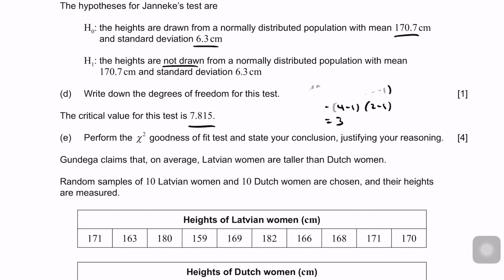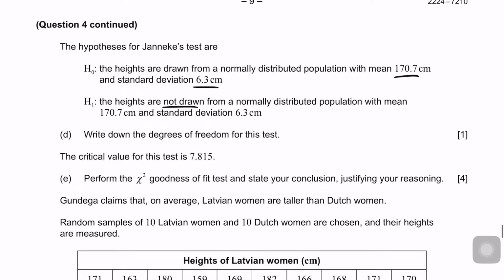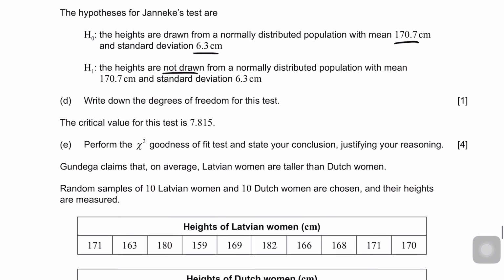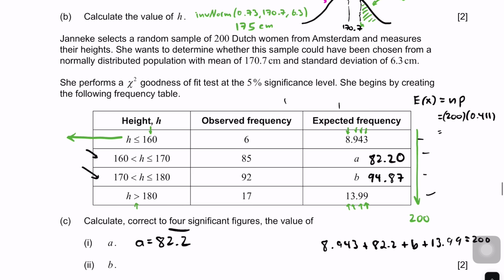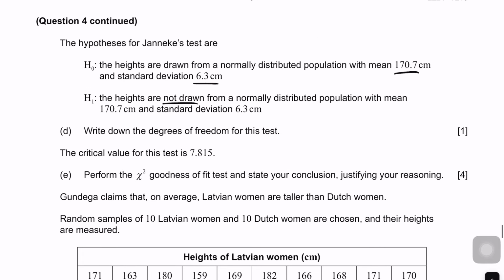I'm going to erase this just because I need the space. And we want to state your conclusion justifying your reasoning. Okay. So they gave us a critical value. I'm not sure if above they gave us a percentage, as in a significance level of 10%. Here it is. 5% significance level. So we can compare the p-value or the chi-squared value. P-value is sometimes a little more standard, so maybe we can do that.